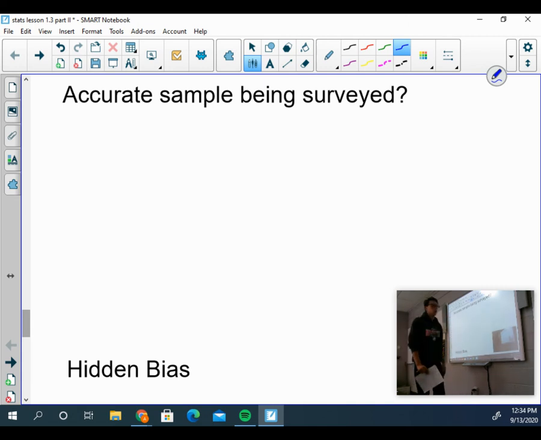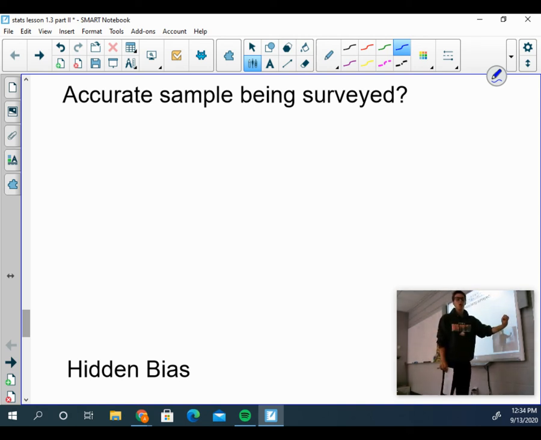In surveys, you got to know, is there an accurate sample being surveyed, right? In studying elections, if you think about the election, we got one coming up in November. You're going to see a ton of polls coming out. But if we look at the polling data, what's really interesting is sometimes they will poll all the people eligible to vote, but other polls will only look at people who are likely to vote. Is that an accurate sample?